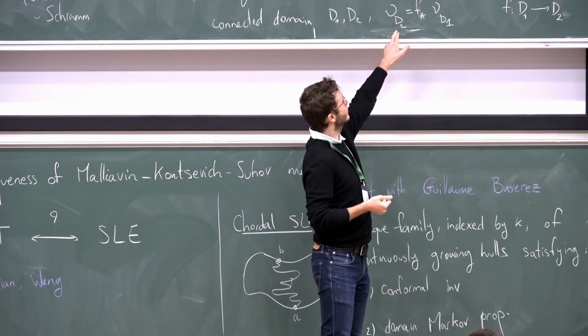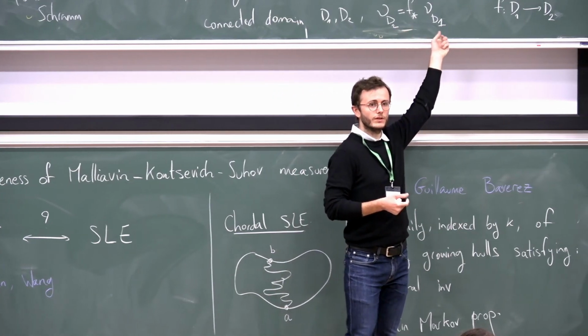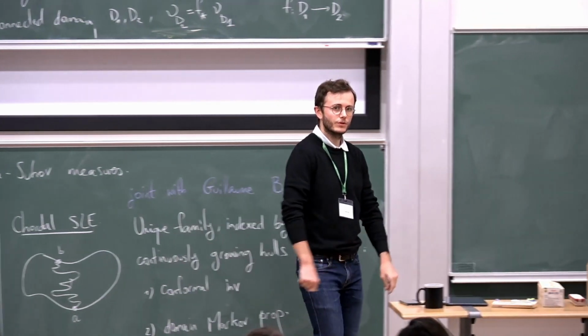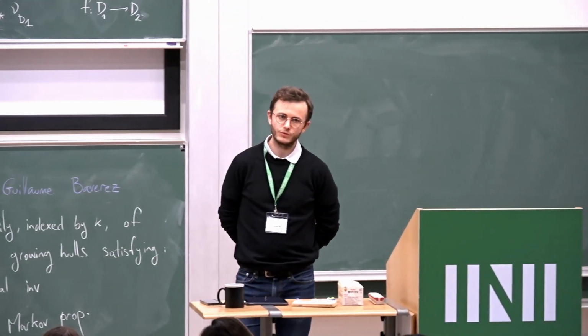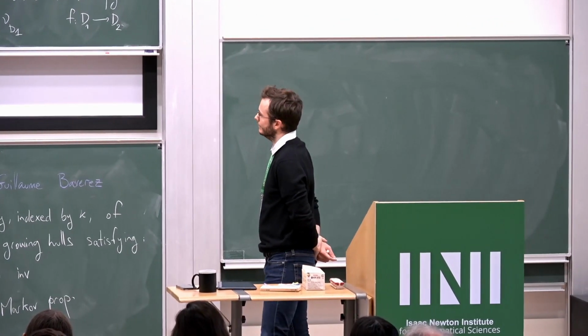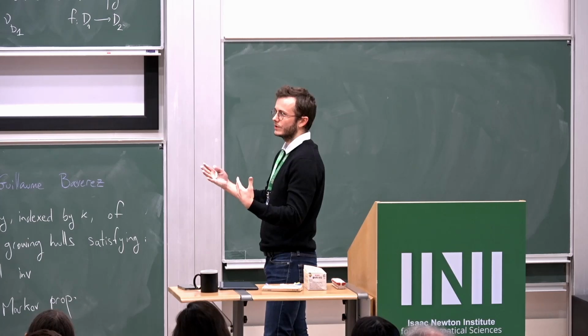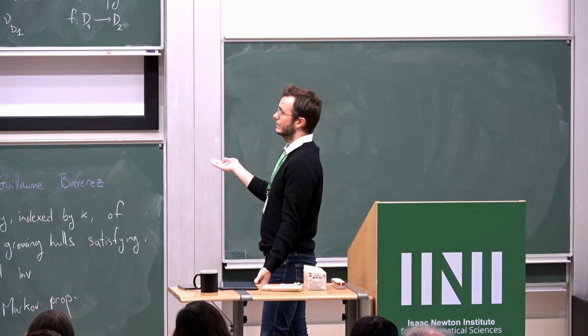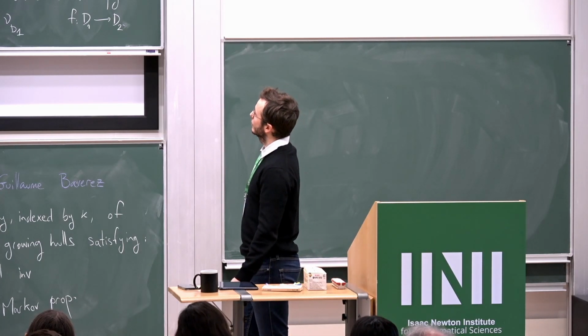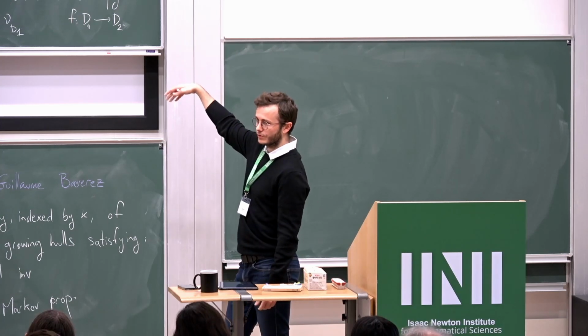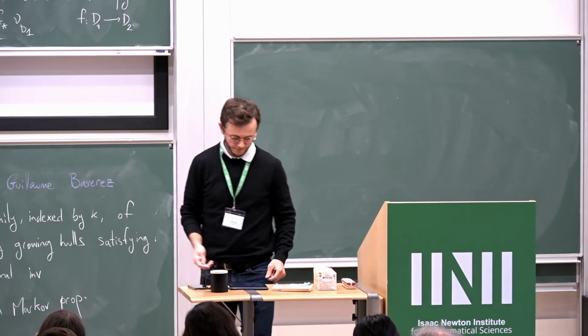So to obtain nu_D2, I simply need to take nu_D1 and push it to the domain D2 by any conformal map. So you see, this is an interplay between restrictions and conformal invariance. That's why this property is called the conformal restriction property.